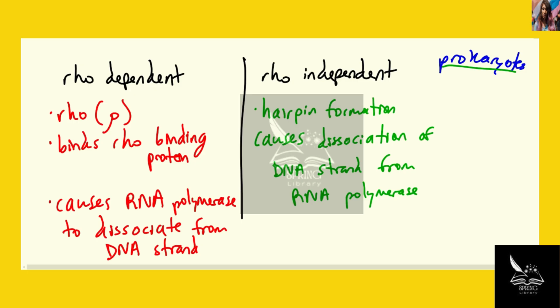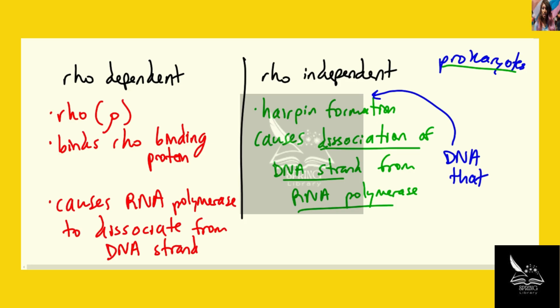You could think of it in that way. Whereas with rho-independent termination, it's actually due to the RNA strand that is produced itself. So the product of our DNA transcription is going to be the cause for the dissociation of our RNA polymerase from the DNA strand.